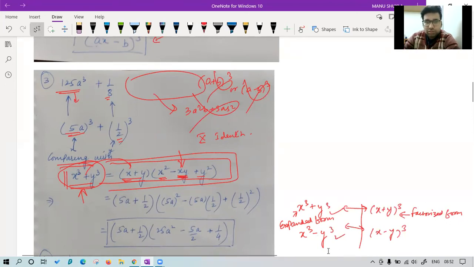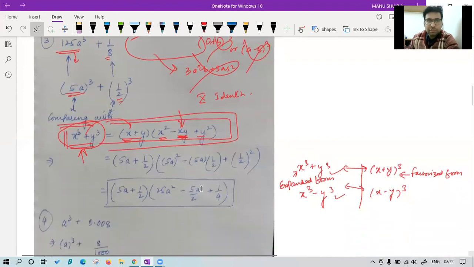Then we have to just put the values. As we know, x is 5a, and you can see how, in a brief way, I have shown what I have taken as x and what I have taken as y. The proper way is to write let 5a equal to x, let 1 by 2 equal to y, and then solve it.